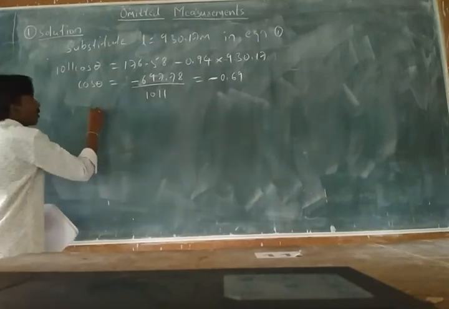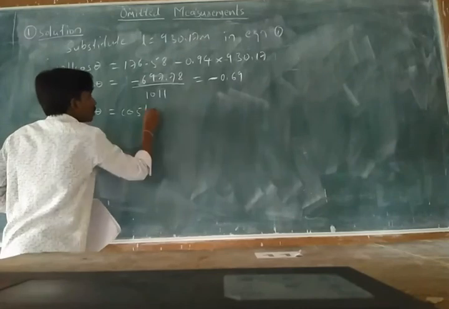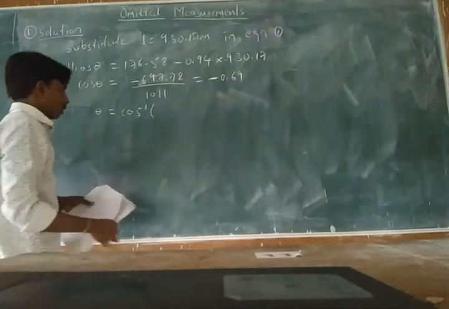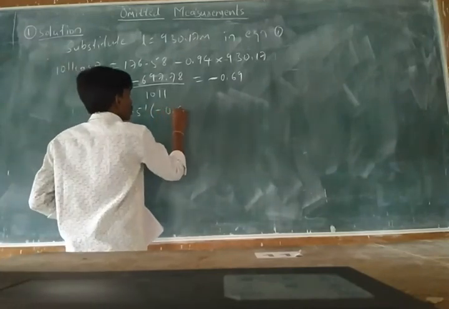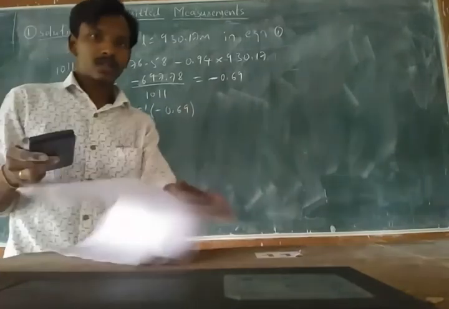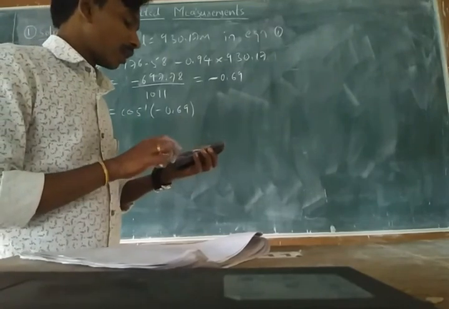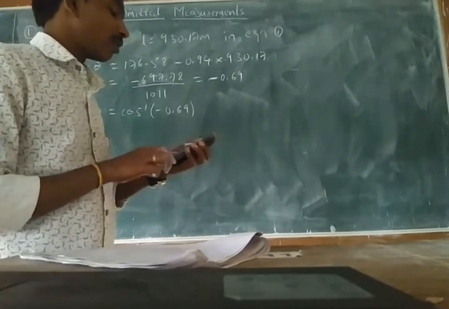So now let's calculate theta. Theta is equal to cos inverse of minus 0.69. So now I will show. Click the shift button in the calculator, then cos, that will become cos inverse.